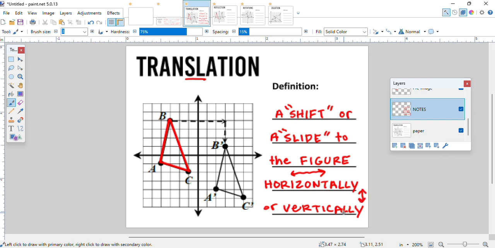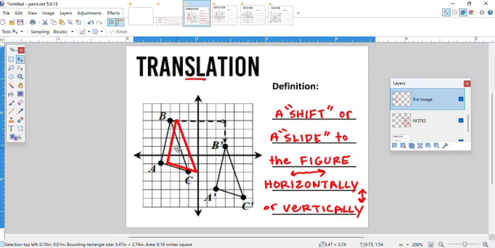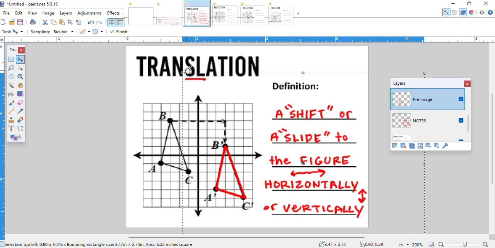So in the example that I have here, we see triangle BAC on the left. I've outlined it in red. If I wanted to, I could take triangle BAC and just move it over. I can shift it to the right, I can shift it down, and now I have performed a translation.